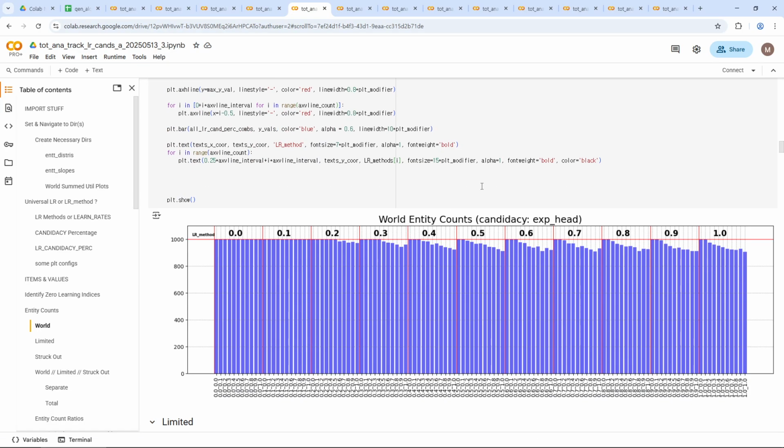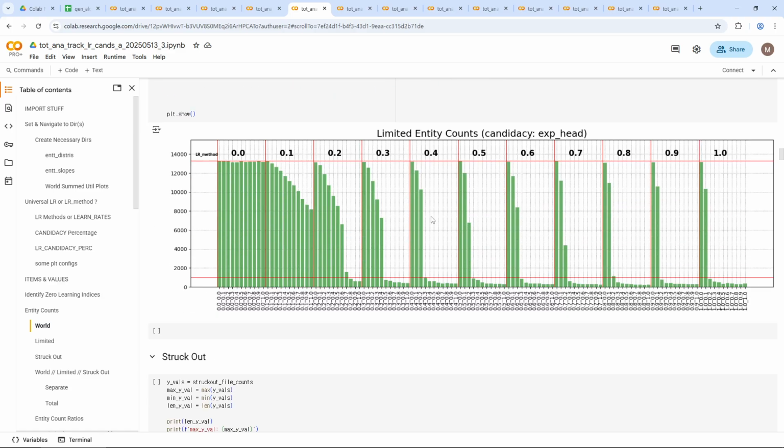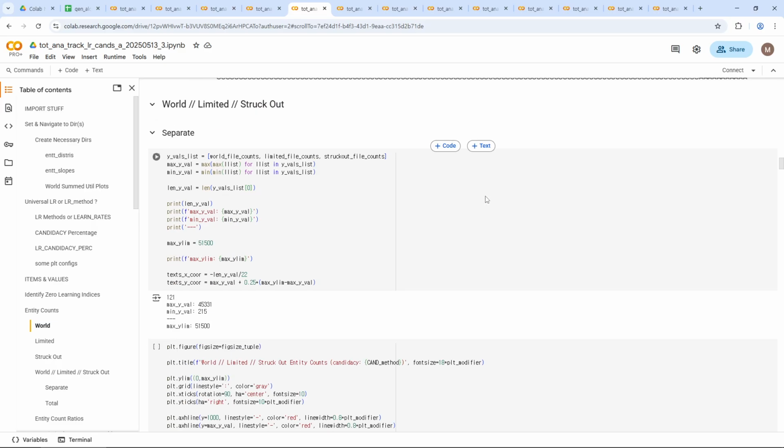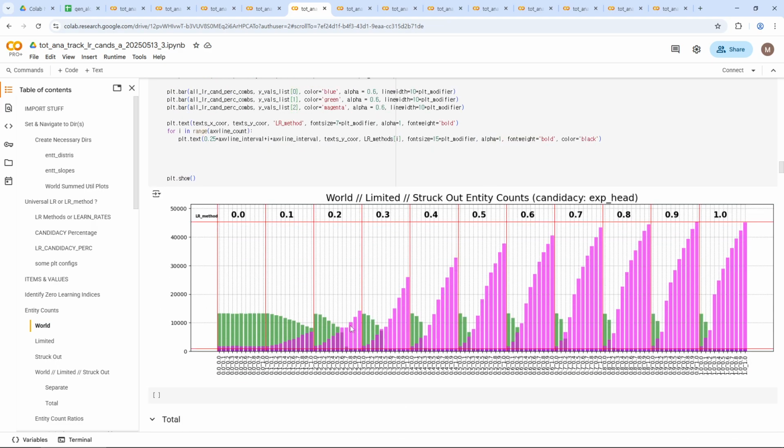And this is the entity count. Same thing again. Limited entity. Struck out entity. Yeah, we see the same pattern at 0.3, and after that more entities being struck out and being created through procreation.